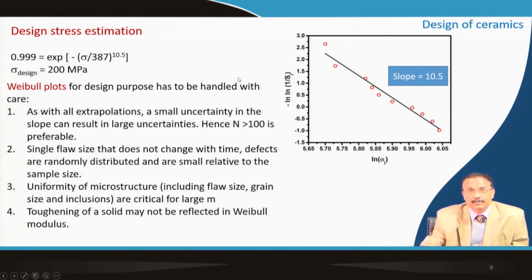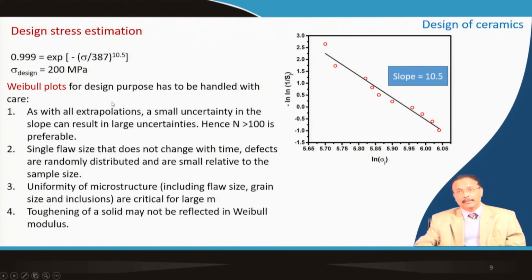Here your sigma 0 estimated from the intercept is 387, and from this linear plot the m value is 10.5. So, my design stress is coming about 200 megapascal. Out of the data you have gotten, you can safely take this 200 megapascal as your design stress, with a probability that 99% of the samples will not fail below this stress limit.